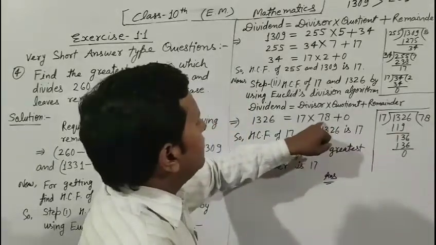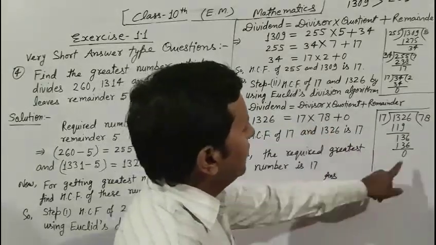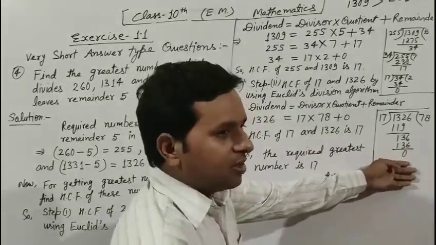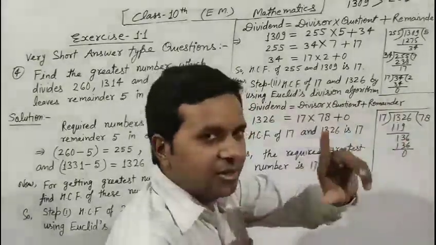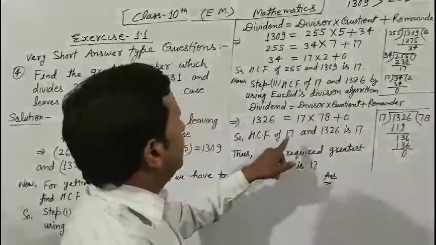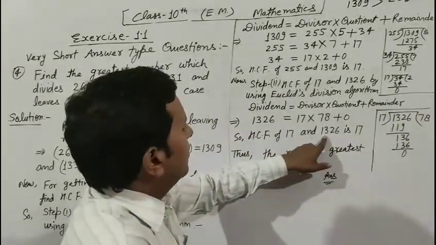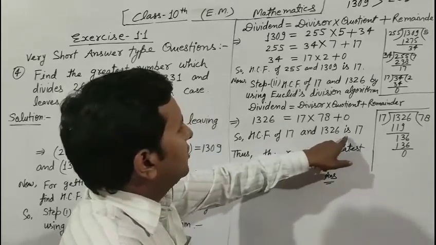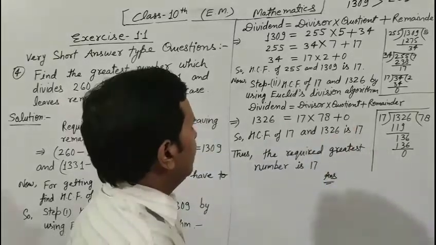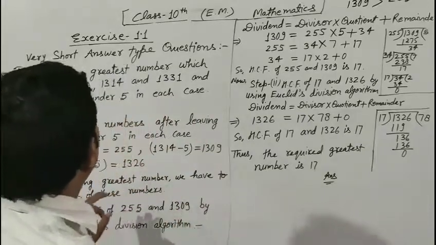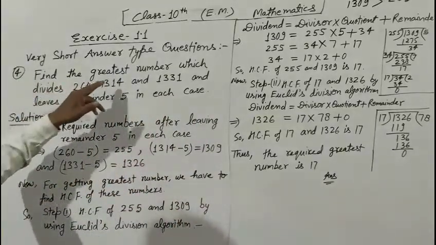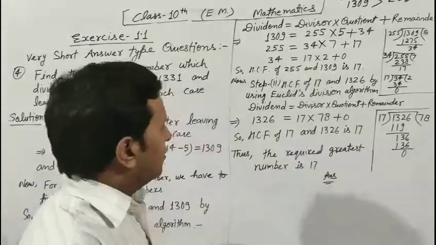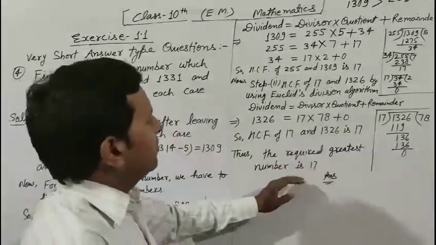Our quotient is 78 and the remainder is 0. Since the remainder is 0, the divisor is our HCF. So the HCF of 17 and 1326 is 17. Now see our question: find the greatest number. The greatest number means HCF, so the required greatest number is 17.